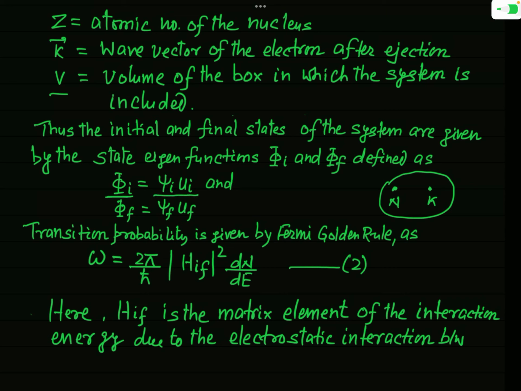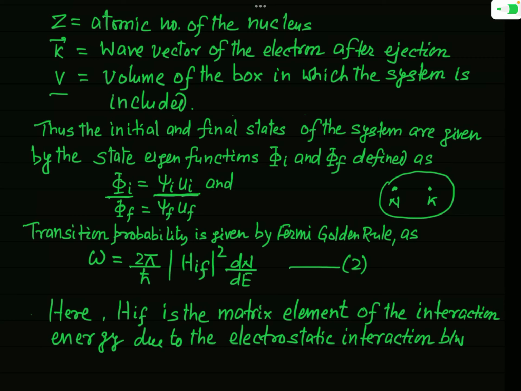You know, psi I is the nuclear wave function in its initial state, that is before transition, and ui is the wave function of the electron when it was in the K cell, before it was ejected. So the initial wave function of our system will be phi I, given by psi I times ui.